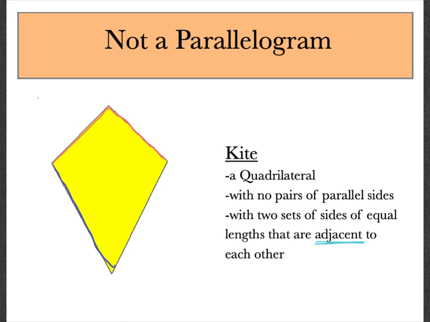This side and this side are equal length and they're also next to each other. And yeah, a kite is named just like the kite that you fly in the sky. The traditional kite looks like this. So those are your qualifications for a kite: 4 sides, no pairs of parallel sides, and 2 sets of sides that are equal in length and next to each other.